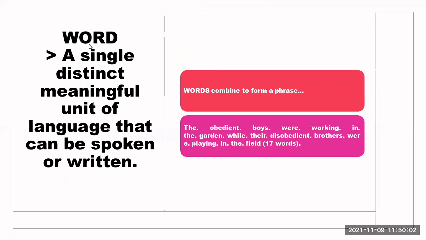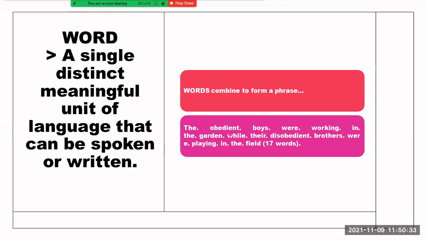Now, the second unit is the word. A word is a single, distinct, meaningful unit of language that can be spoken or written. Now, words combine to form a phrase, all right? So let's look at the example of this sentence. Now, these are various words.